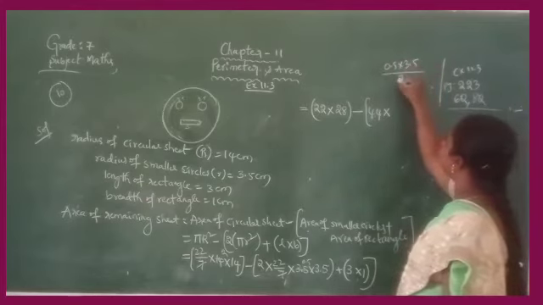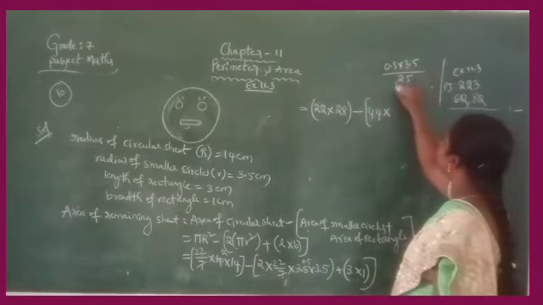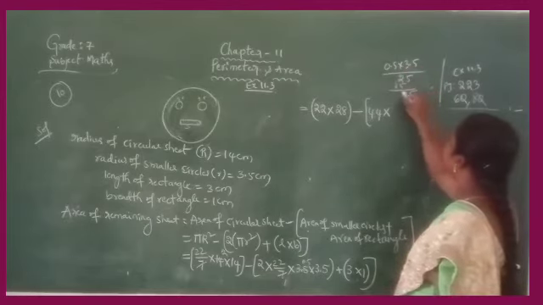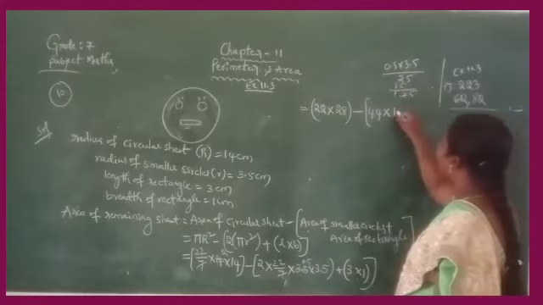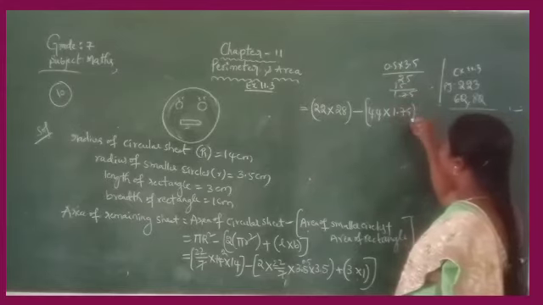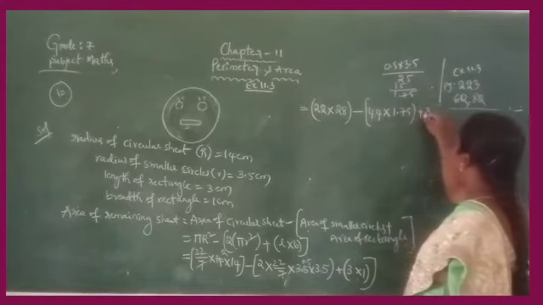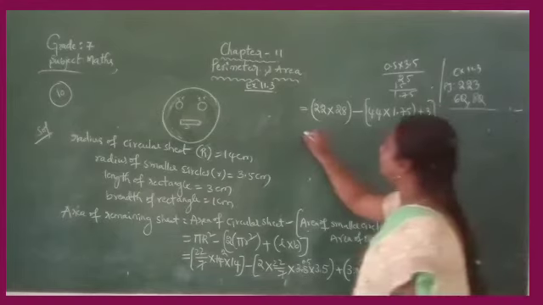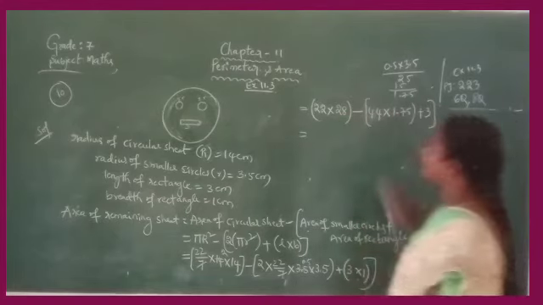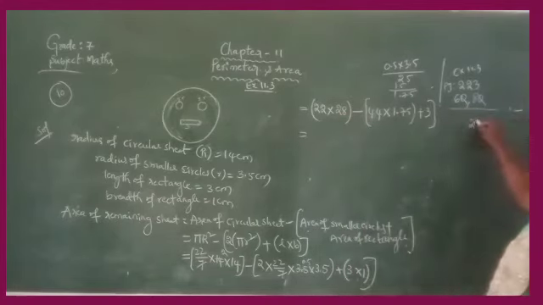That is 1.75, plus 3. 22 into 28, 2 8s are 16, 2 2s 4 plus 5, that is 56.